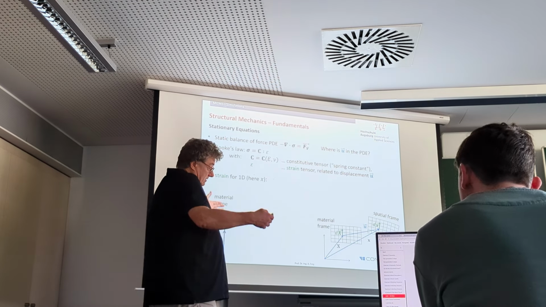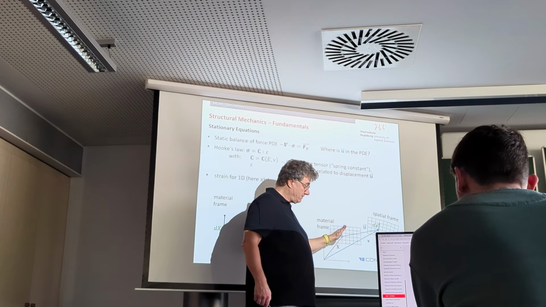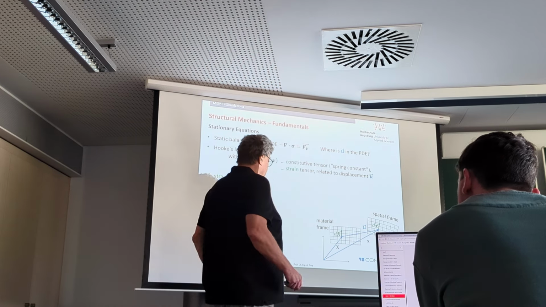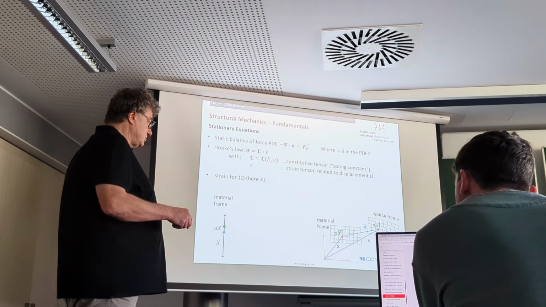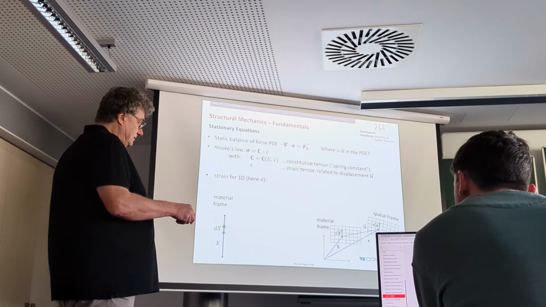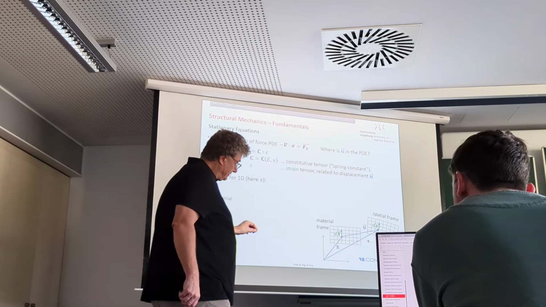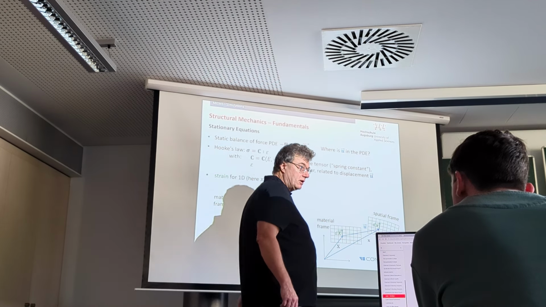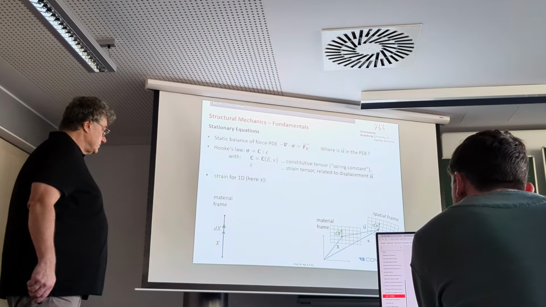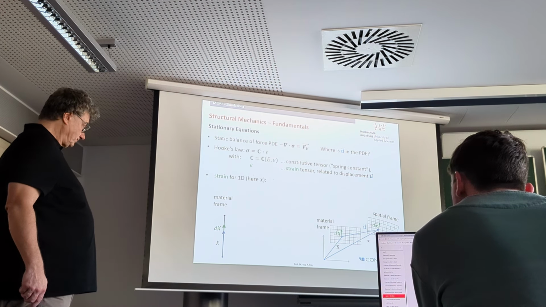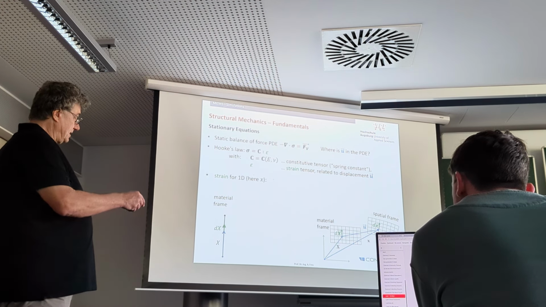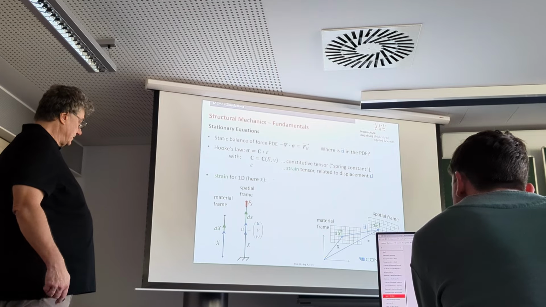Because we only have 1D, there's no chance to be a misalignment. Here we have a misalignment. The vector describing the position is differently oriented than the vector of that little piece of element we are considering here.